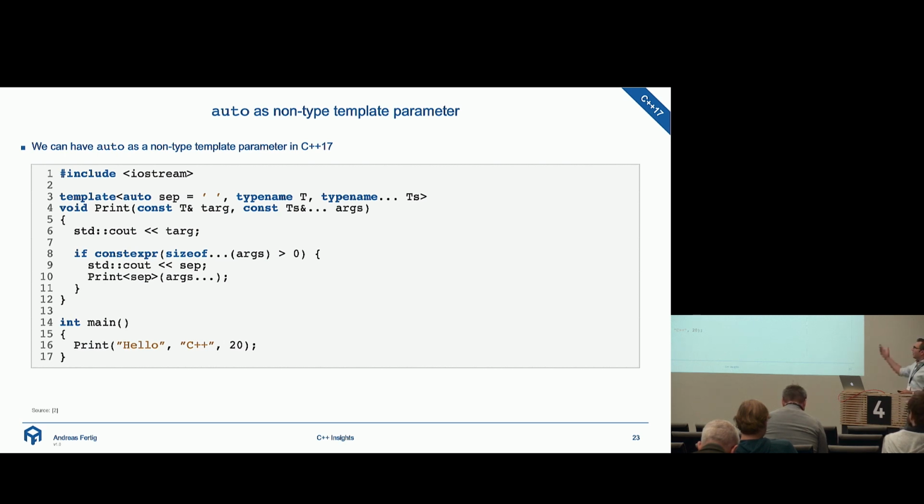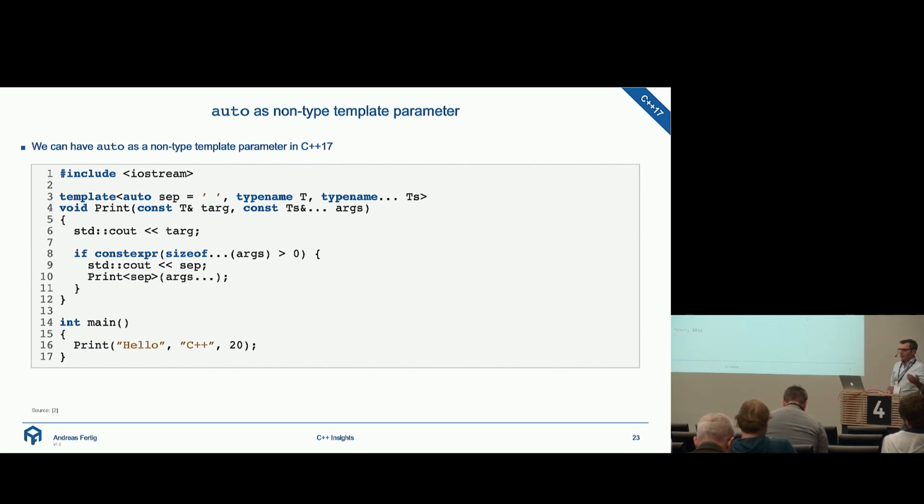After that, another template parameter comes, and then an arbitrary number of template parameters because it's a variadic template. Now I can use this first auto non-type template parameter as a separator to insert between each of the arguments.